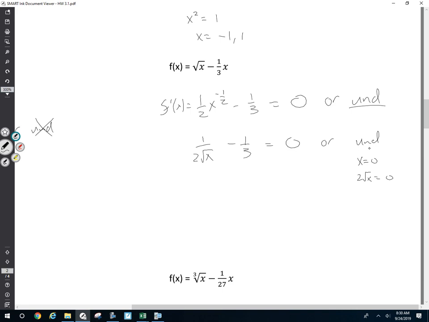So x equals 0 is one of our critical points. Now, to find the other ones, I need to solve this equation. You could flip both sides. Sorry, this is an x. I like to flip both sides. Divide by 2. Square both sides. There's the other one.